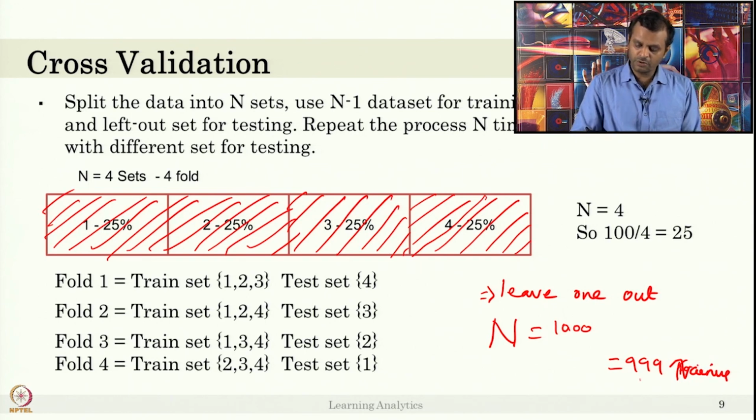So, we will use 999 data for training and 1 for testing, and repeat this 1000 times. That is more strongly suggested, but it takes a lot of computational time and is computationally costly. So, if you have huge data, it is suggested to go for tenfold cross validation, or depending upon your algorithm, you can choose the number of folds in the cross validation.